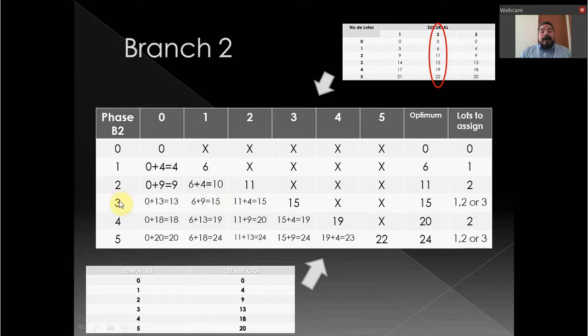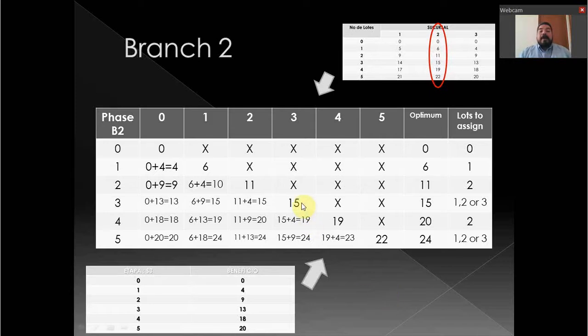If I have 3 lots and I decide to assign 2 to branch number 2, the benefit of assigning 2 to branch number 2 it's 11, plus the benefit of assigning 1 lot left to branch number 3, that is 4, and we have a benefit of 15,000 pesos.